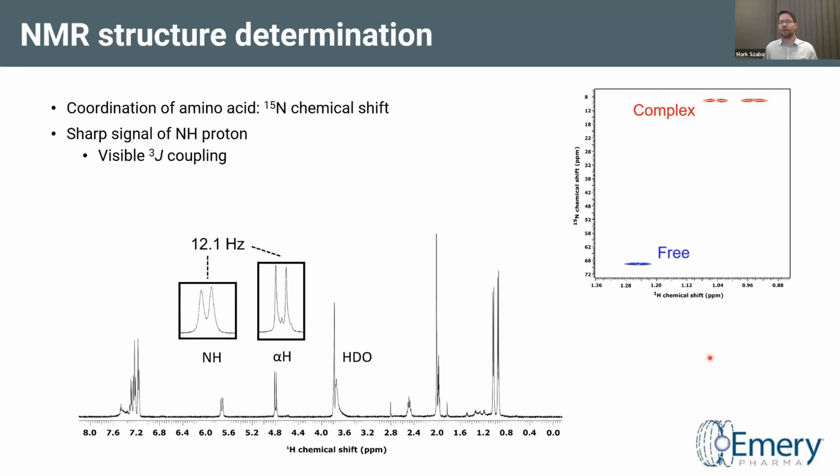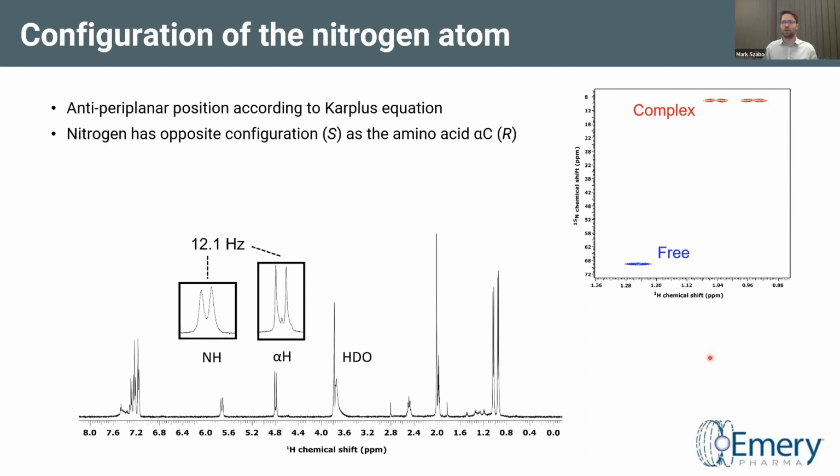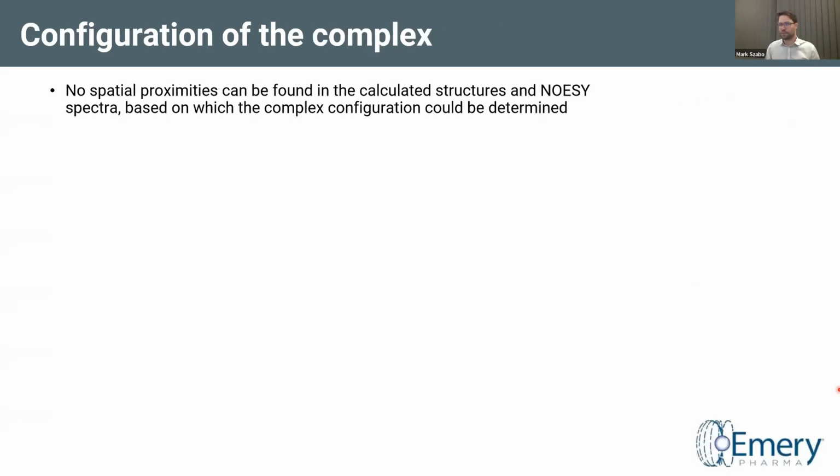And actually this coupling can be translated by the Karplus equation into certain dihedral angles, which tells us that the configuration of the nitrogen is indeed S, just like the quantum chemical calculation told us. Again, this is a relative configuration because I knew what the configuration of the carbon atom was, but I could determine the configuration of the nitrogen based on this information.